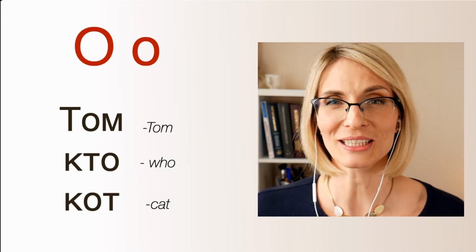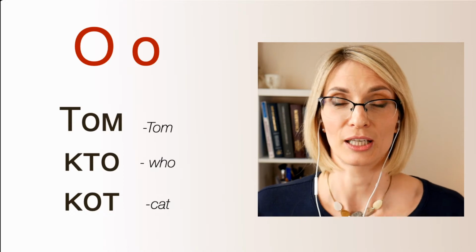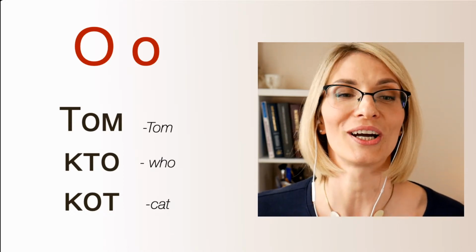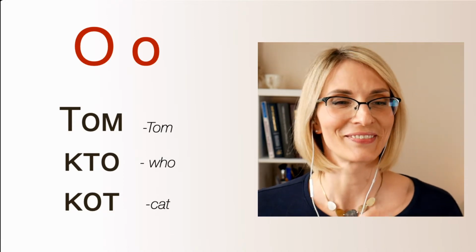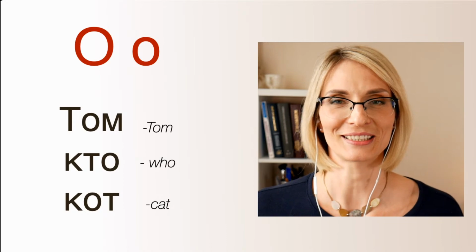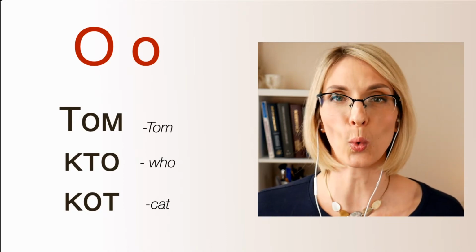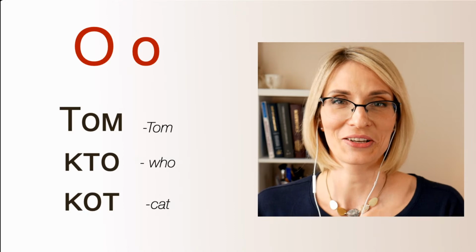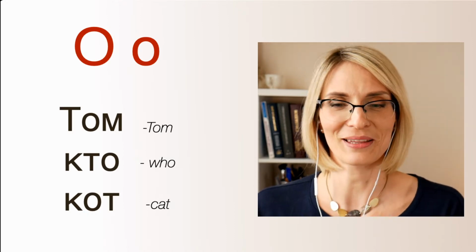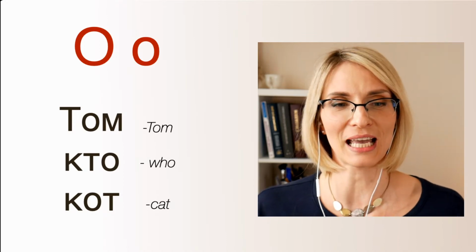It's even better to exaggerate, so protrude your lips. Repeat after me right now. Like that, very good. Кот, кот. It's not cat, it's кот, кот. Remember the greyhound, the long nose, this very closed sound.